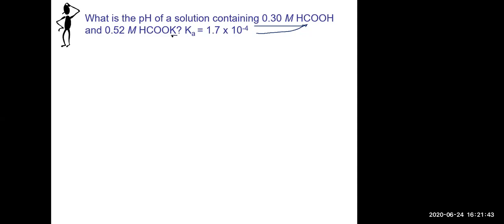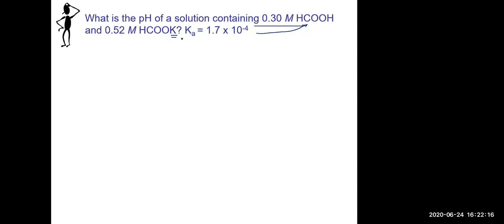Also, typically acids won't have spectator ions like sodium, potassium, lithium; usually those are your conjugate bases. That's a way you could quickly determine it. This particular problem didn't tell you which one was the Ka. They assume you can figure that out. HCOOH, which is formic acid, has the extra H, which definitely makes it the acid in this case.